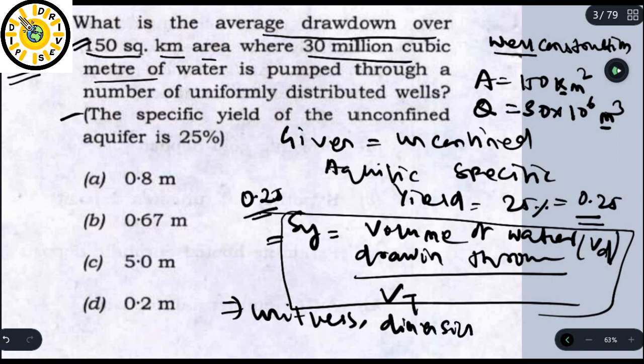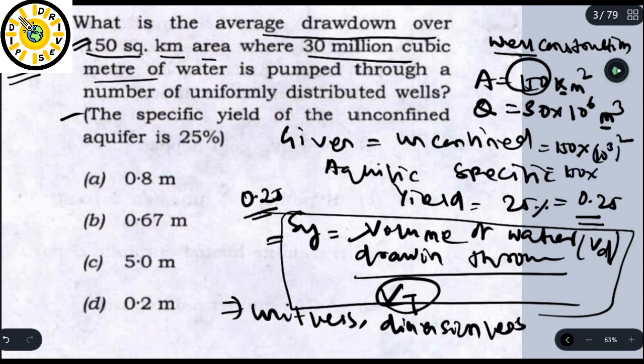ठीक है, because here it is the ratio between the volume of water that is drained upon the total volume. So unitless and dimensionless. So किसी एक को एक यूनिट पे ला दो. Suppose this 150 किलोमीटर स्क्वायर मतलब 150 into (10 to the power 3) square.